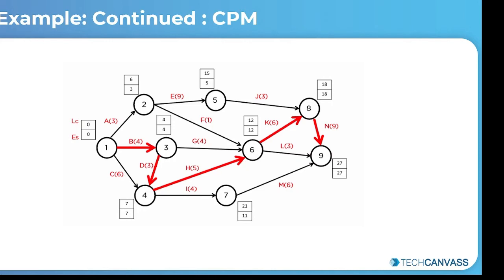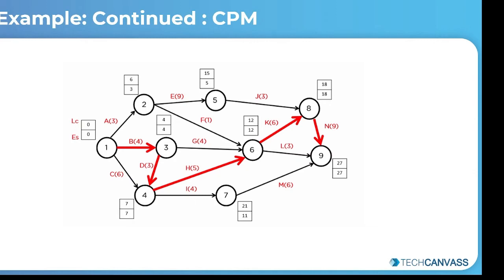And for node 2, the early start of node 2 is equal to 0, which is the earliest start time for node 1, plus 3, that is the duration between 1 and 2, which is equal to 3, and so on. I'm just going to repeat this formula again.